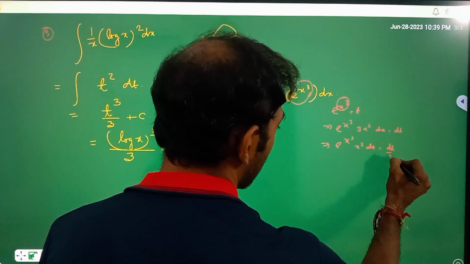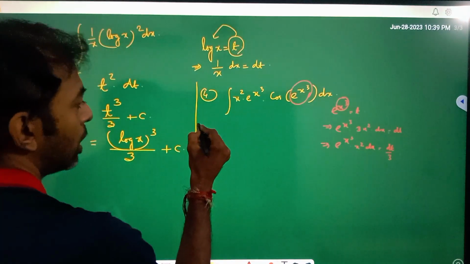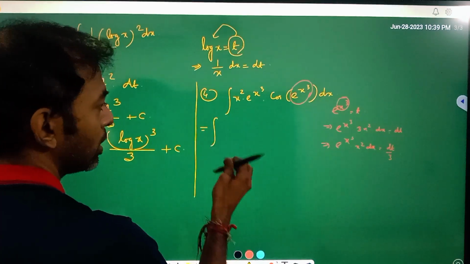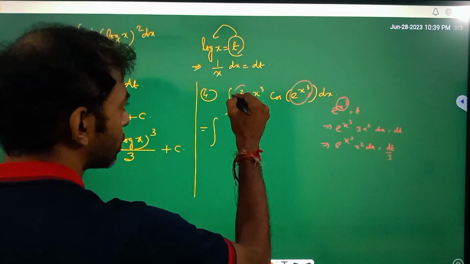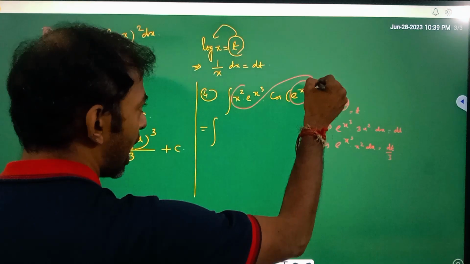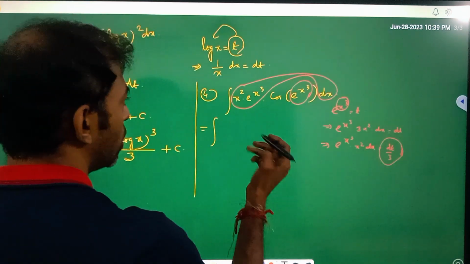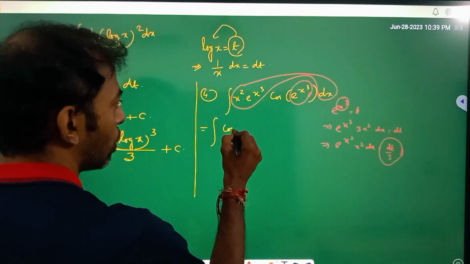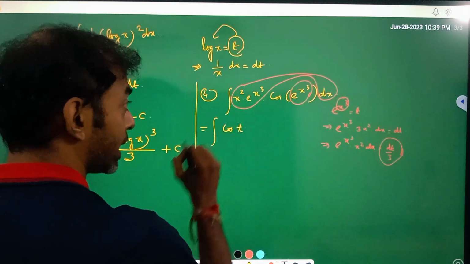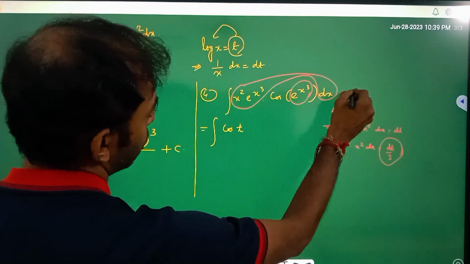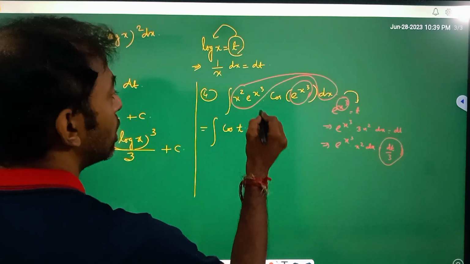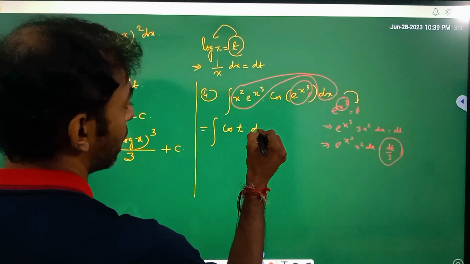And we all know that e power x cube into x square dx, the result will become dt by 3, right? So look at this one, x square e to the power x cube into dx, that's our dt by 3. So we are putting here cos of t directly, because e power x cube we have considered as t. So the remaining part will be dt by 3.